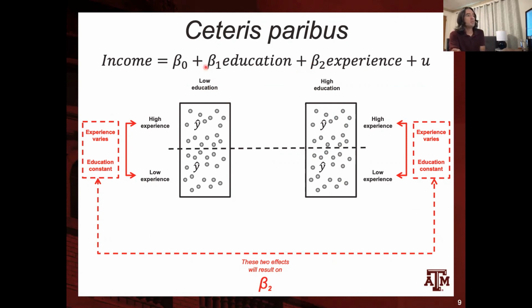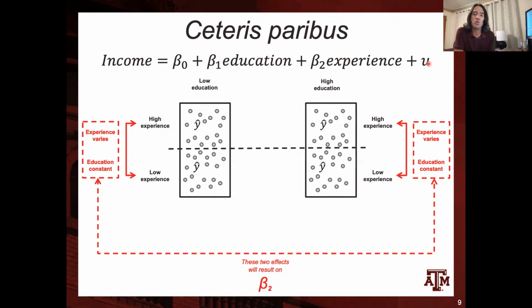So beta 1 is: if I change education from low to high, how much my income will increase. And for experience, if I change it from low to high, how much my income will increase, controlling for education. And here was controlling for experience.